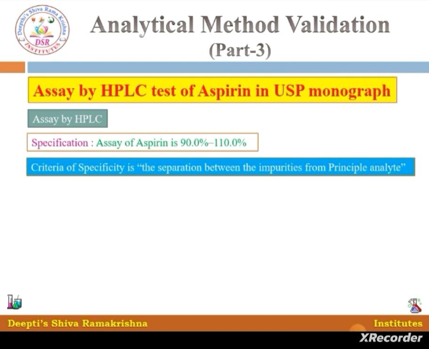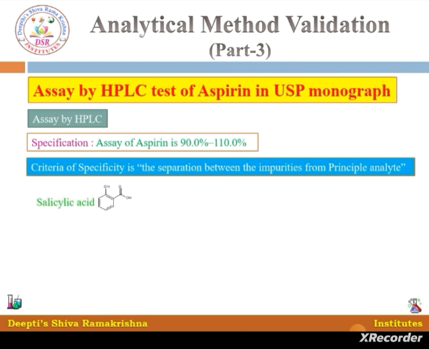We need to prove the separation, since salicylic acid content is one more test available in the monograph. So during the assay, the specificity shall be demonstrated between aspirin and salicylic acid.